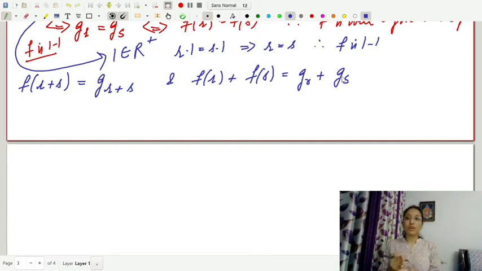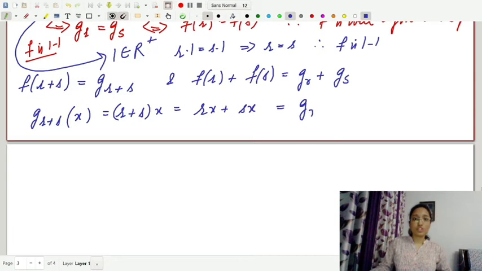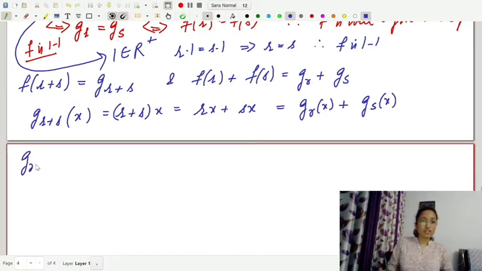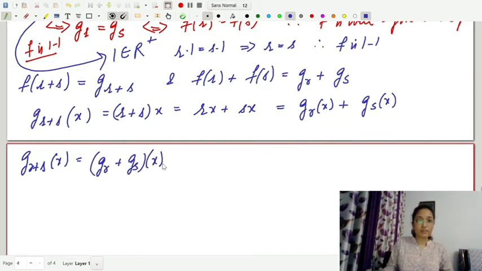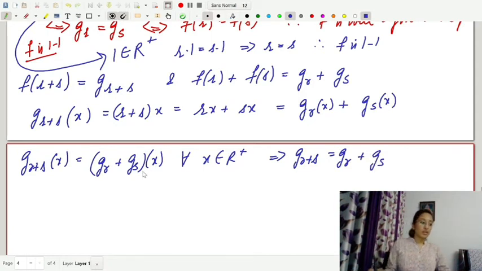That they satisfy on their domains, that is they are equal on the domain. g_(r+s)(x) is equal to (r + s)x, which is equal to rx + sx, which in turn is equal to g_r(x) + g_s(x), that is (g_r + g_s)(x), for all x belonging to R+, which in turn implies g_(r+s) is equal to g_r + g_s as maps, and therefore F preserves additive operation.